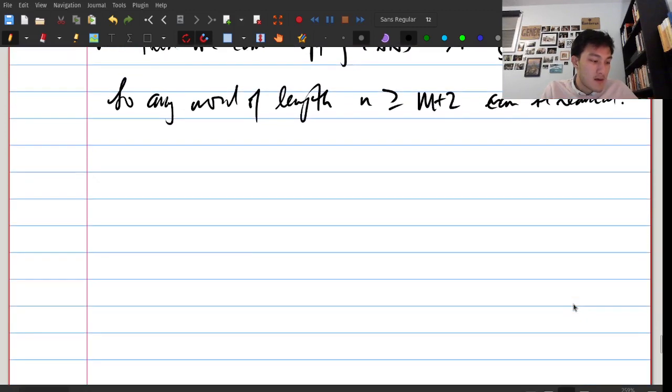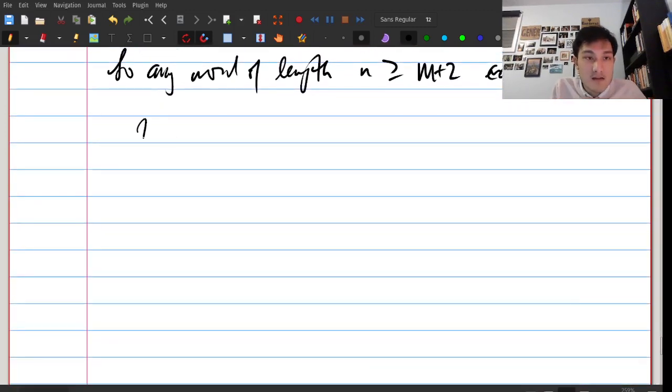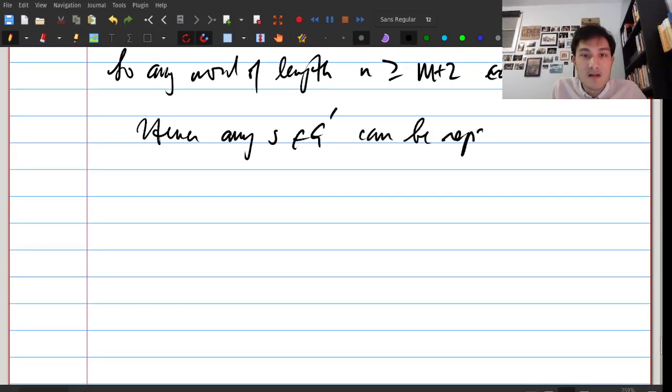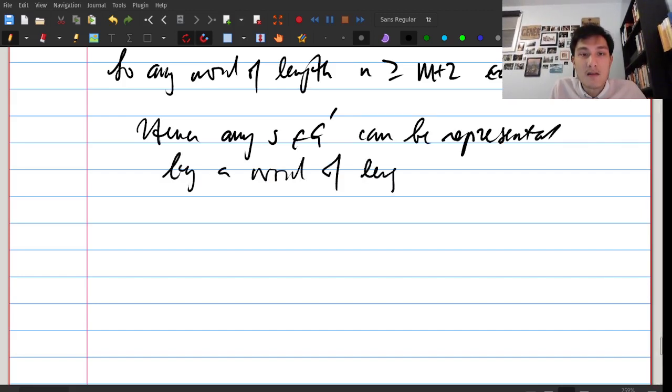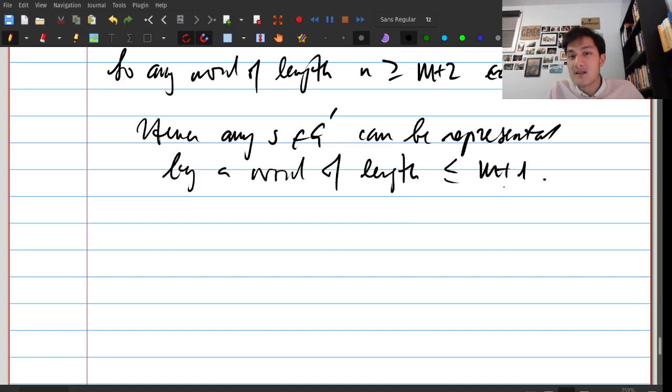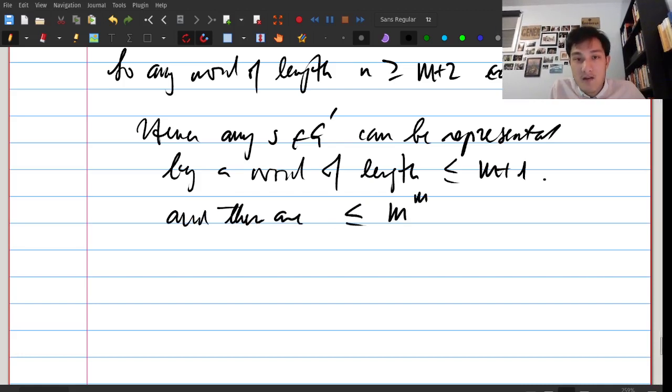Okay. Hence, any s in G prime can be represented by a word of length less than or equal to m plus 1. How many possibilities are there? There are less than or equal to m to the power of m plus 1, right?